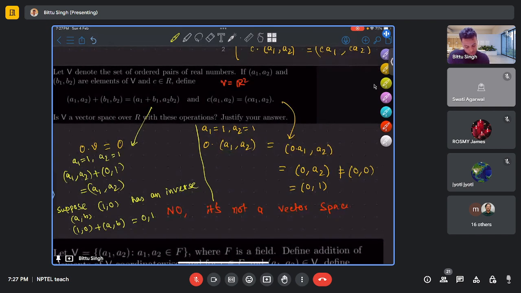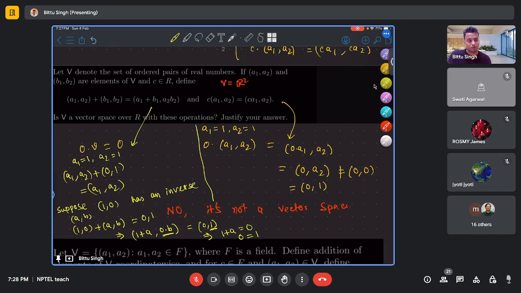But from the definition, how do we add? It is like 1 plus a, and multiply 0 with b. This is the same as 0 comma 1. But you see that 1 plus a equal to 0 is fine, but the second thing here is 0, and the second thing there is 1, which will imply 0 equal to 1.